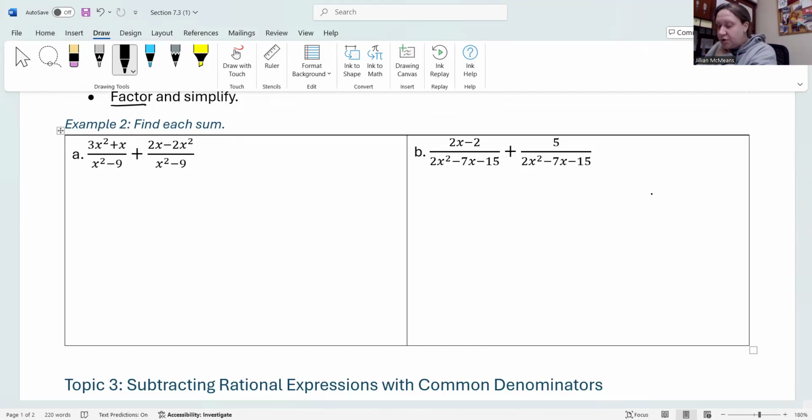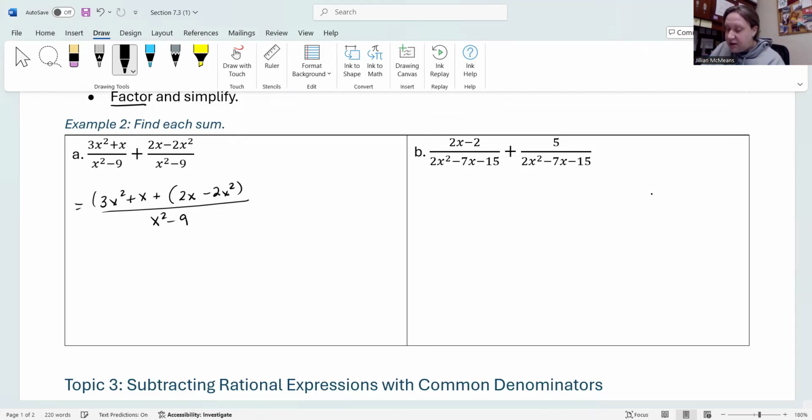Okay? So for this one, we have 3x squared plus x, plus we want to make sure we add this entire numerator, and all of that goes over our common denominator. Now, technically, you have to go back to this idea of adding and subtracting polynomials that we talked about in a previous chapter. When you're adding and subtracting polynomials, you're technically having to remove parentheses.